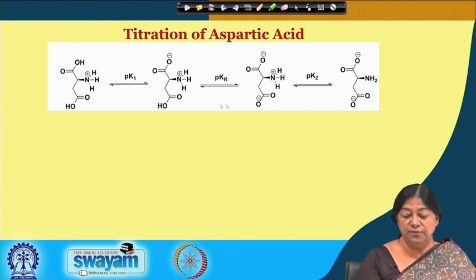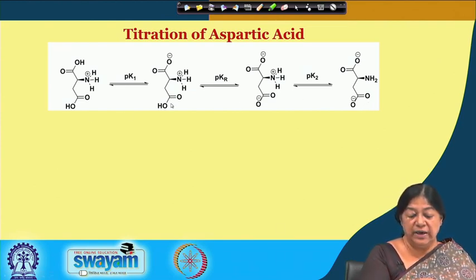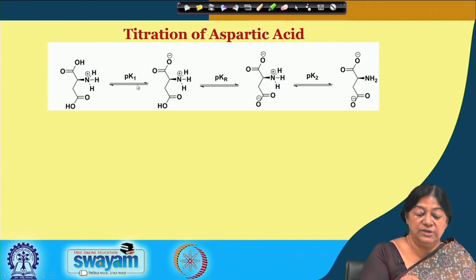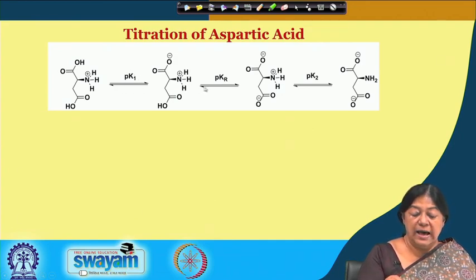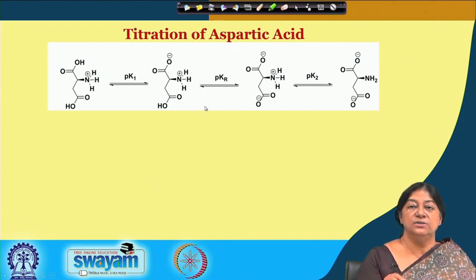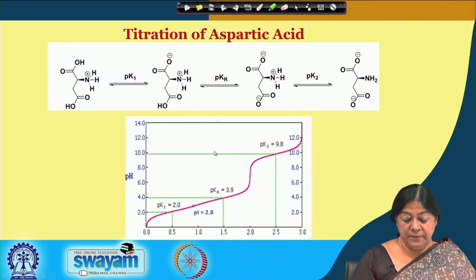So, if we look at the 4 forms of the structure that we have here, we see that this is the 0 form. What does this mean? It means we have to take this pK value and this pK value, and the average of those values is going to be the PI of aspartic acid. This is the titration. So, we have a pK1 that is close to 2, a pKr close to 3.9 and a pK2 of 9.8.